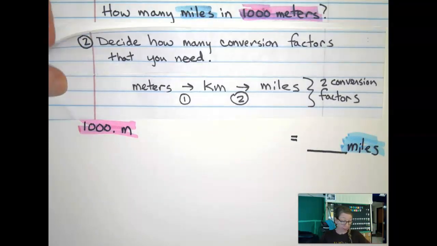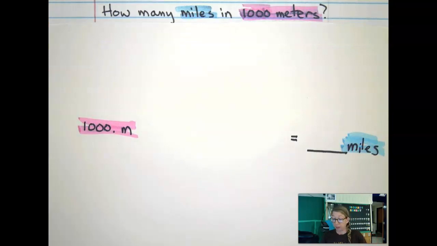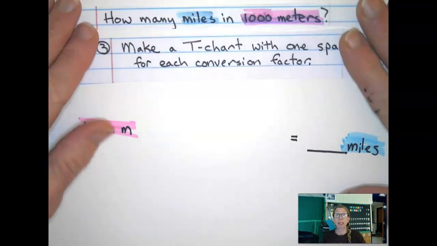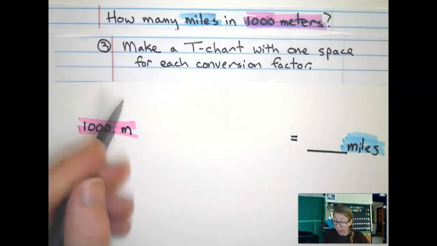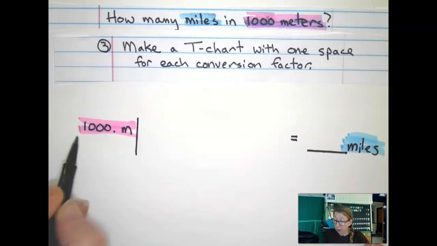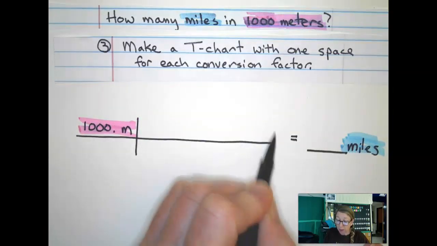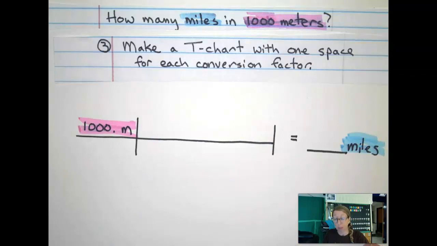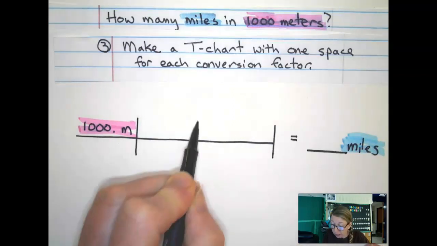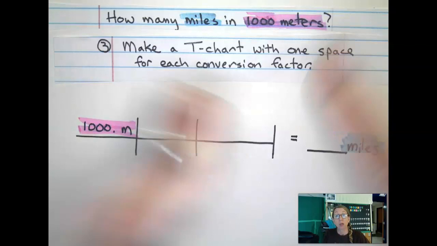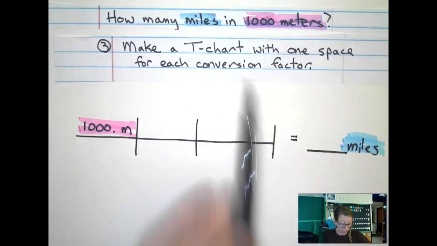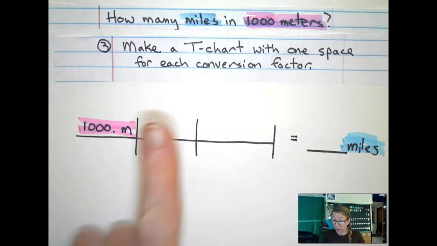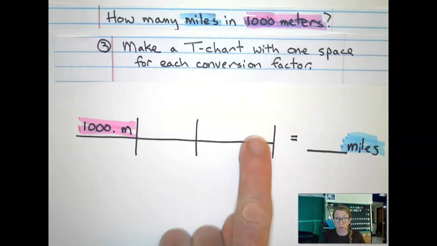Next step, make a T-chart with 1 space for each conversion factor. This is the core, the key of what we're doing, and you may resist doing what seems like extra work, but listen to me now, hear me later. When we get to stoichiometry, we will be doing huge T-charts. So that's what I did: 1 conversion factor, 2 conversion factors.